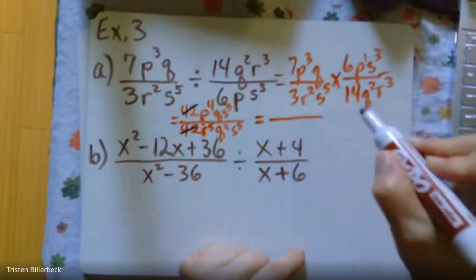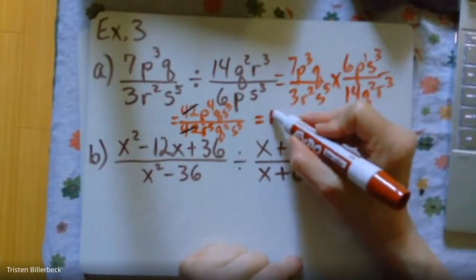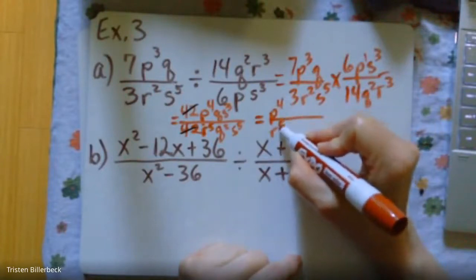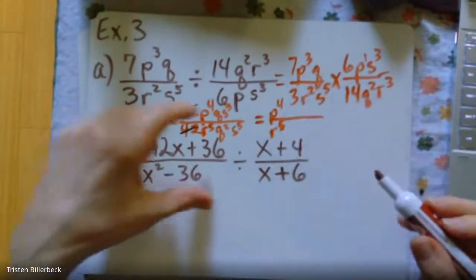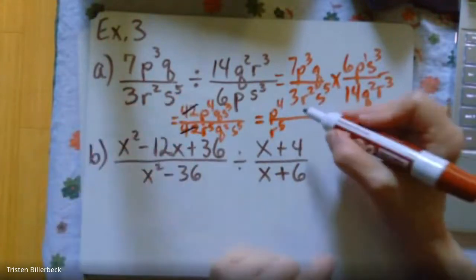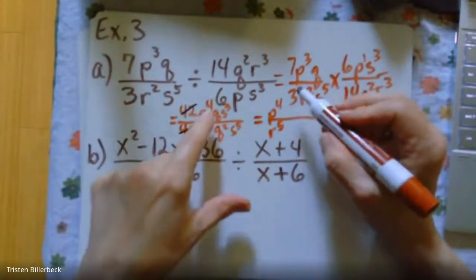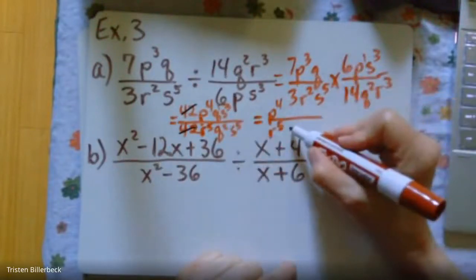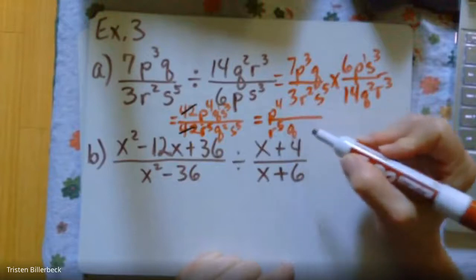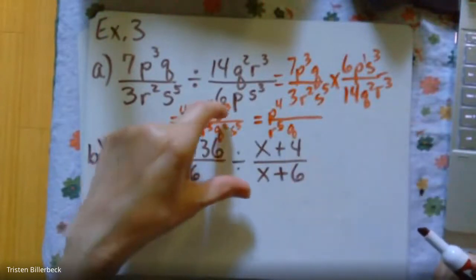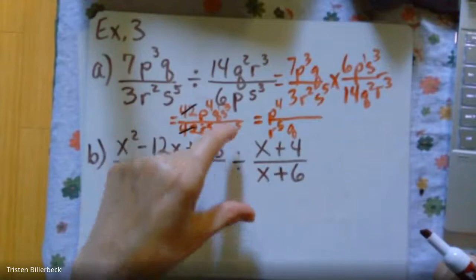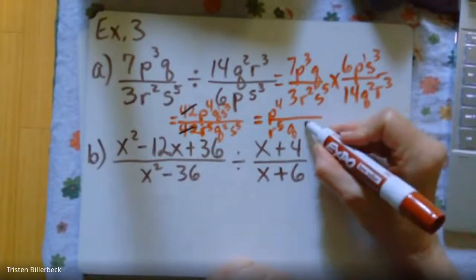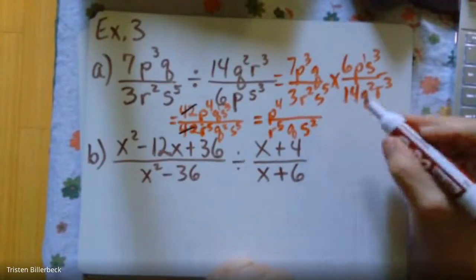That foiled me. So we have p to the 4th, r to the 5th on the bottom. Then we have q. We have 1 q up here, and that's going to cancel 1 q down there. So that leaves the q downstairs. Up here, I have 3 s's that are going to cancel 3 of the s's down there. So that's going to make that s squared.